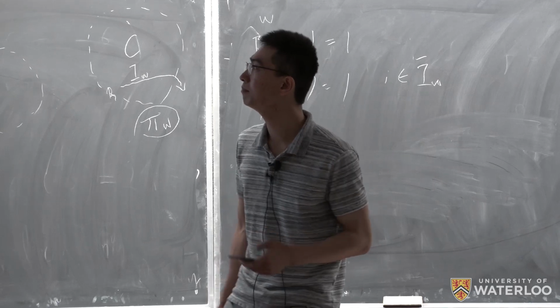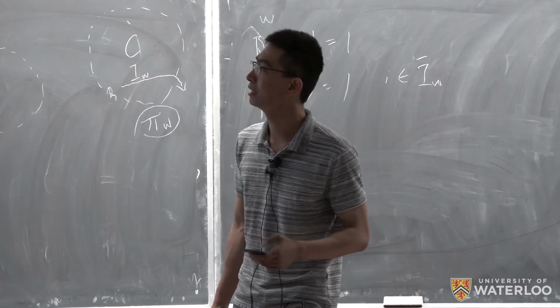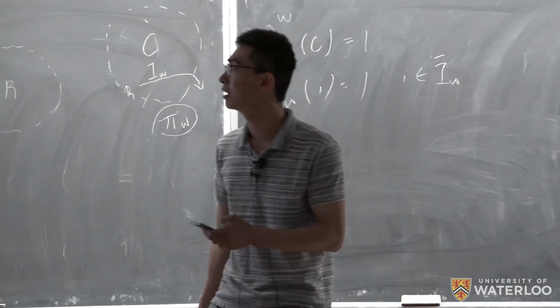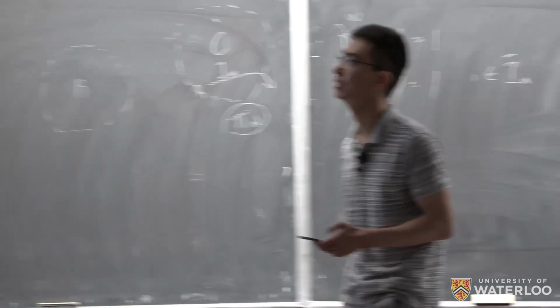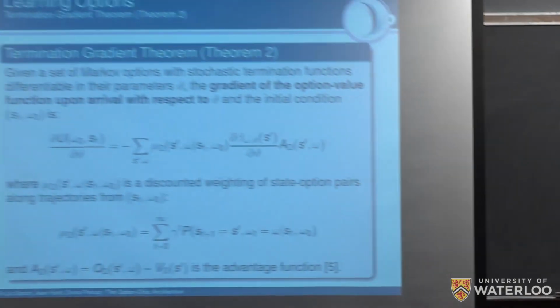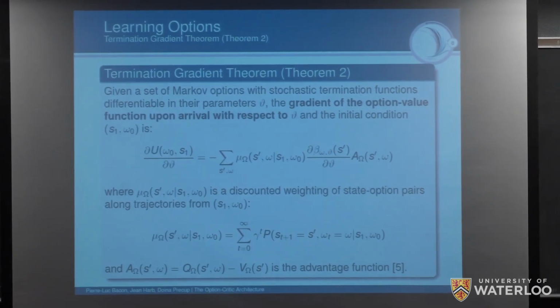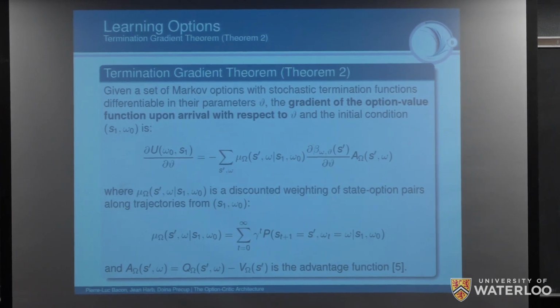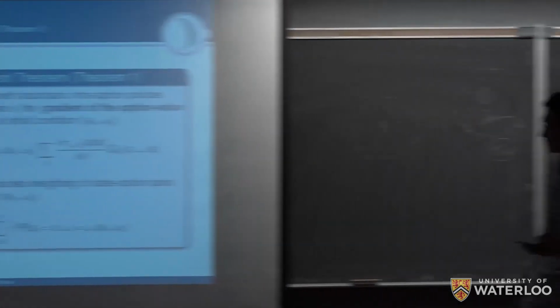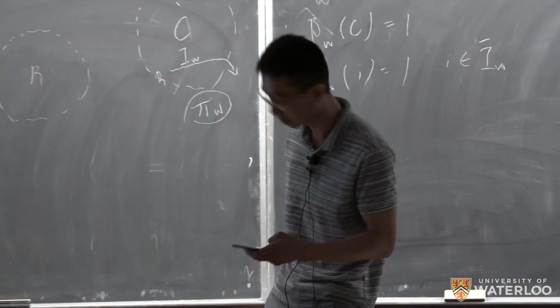Another theorem we get here is the termination gradient theorem, which provides the gradient of the option value function upon arrival with respect to theta. Here the mu is a bit different because it provides the weighting of the state option pair along the trajectory from S1, omega 0, and the previous one is S0, omega 0.